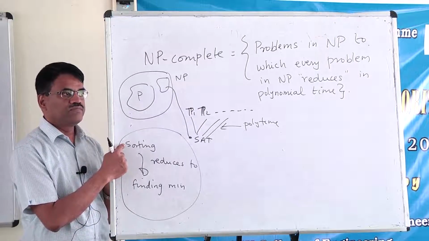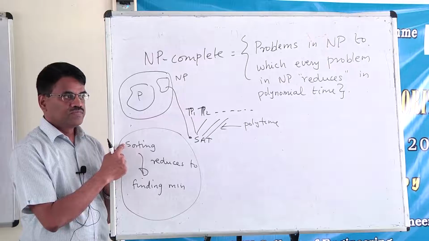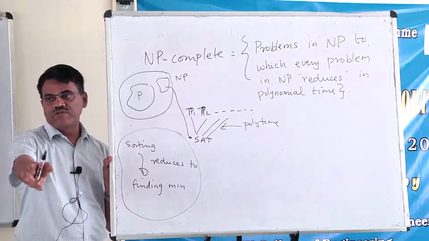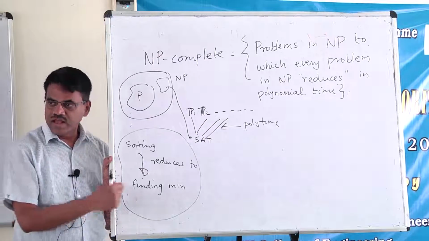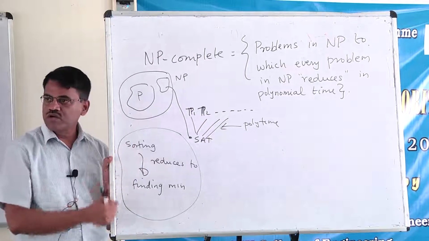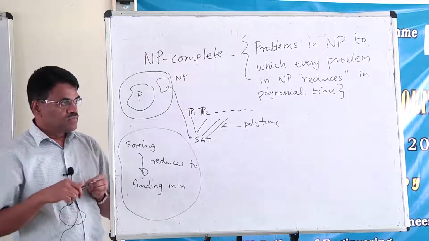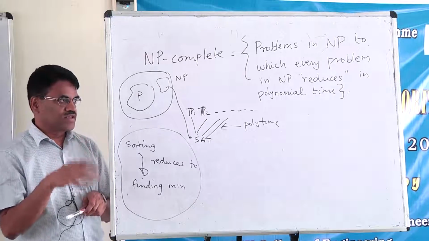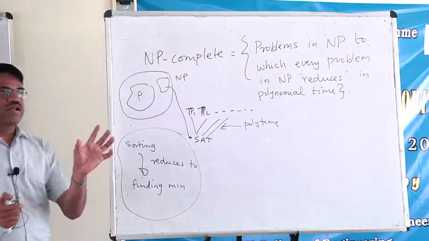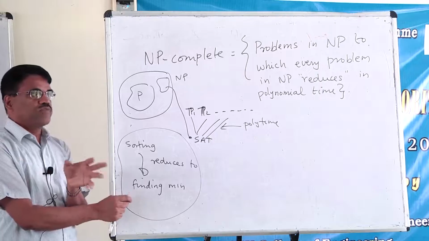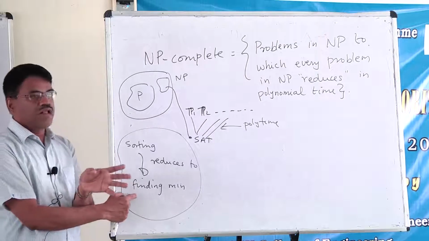Do you agree with that? Suppose I have an algorithm which, given a list of n numbers, will find the minimum. Can I use it as a subroutine to sort? How will you use it? Yeah, pass a different list. Take the entire list, give it to this algorithm, it will give you the minimum, remove it from that list and give it again.